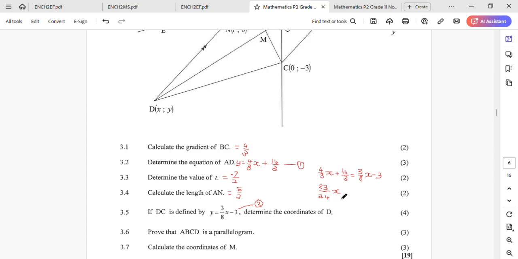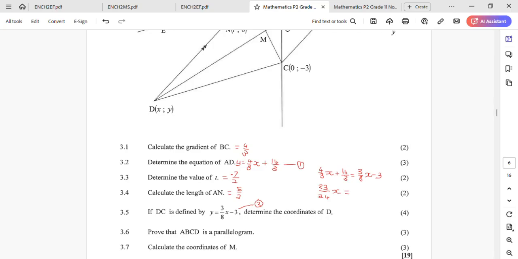So x equals to, that's 3 times 3, that is 9. Let me just use the calculator.